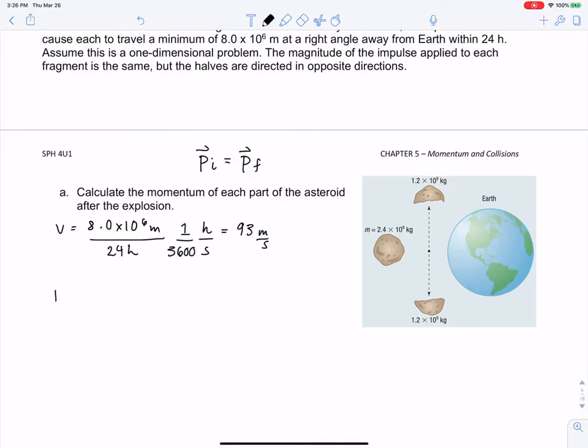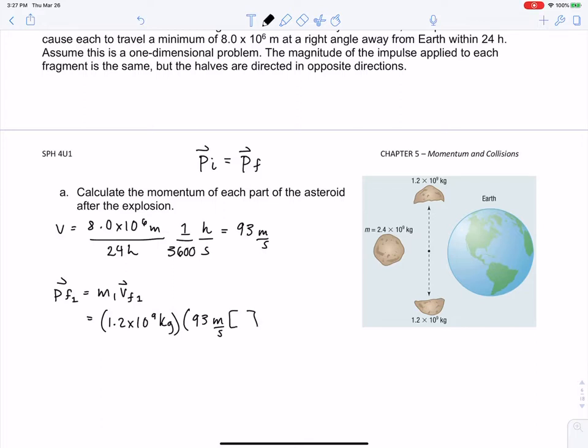So let's find the final momentum for asteroid half number 1, which is the mass of half number 1 times the final velocity of mass number 1. We know the mass is 1.2 times 10 to the power of 9 kilograms times a velocity of 93 meters per second.